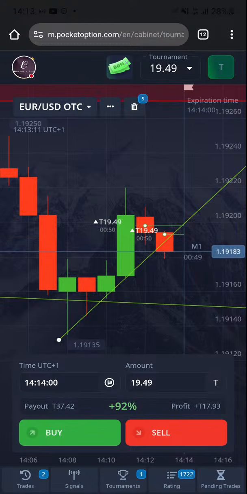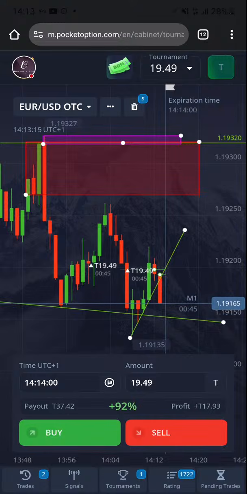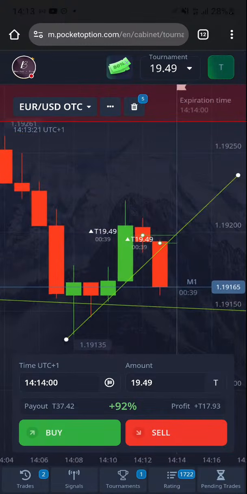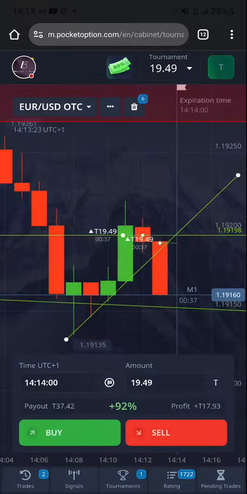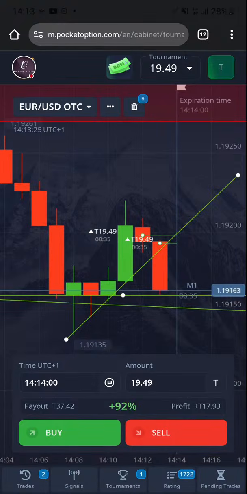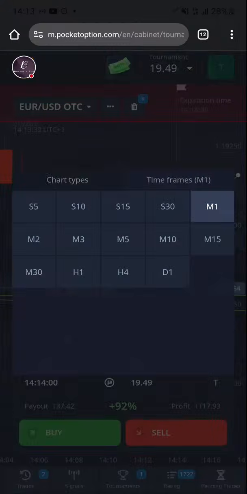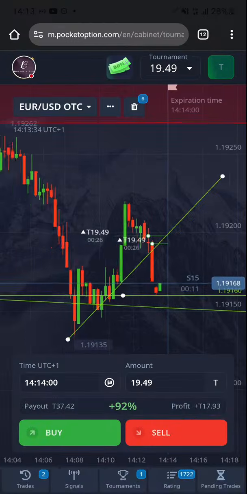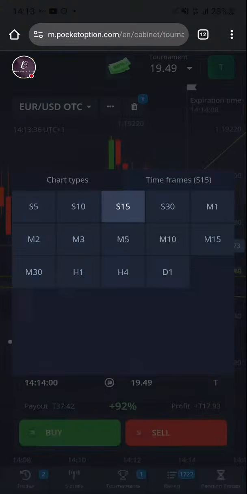So let's see. Okay, fine. This is a third touch. It doesn't look like it, but if you go to a lower time frame like S15, you will see the third touch better, or S10.